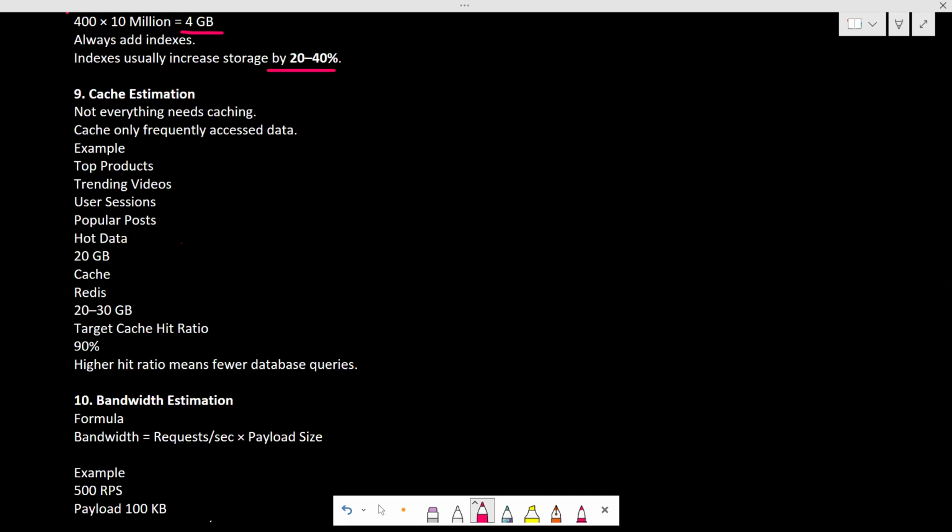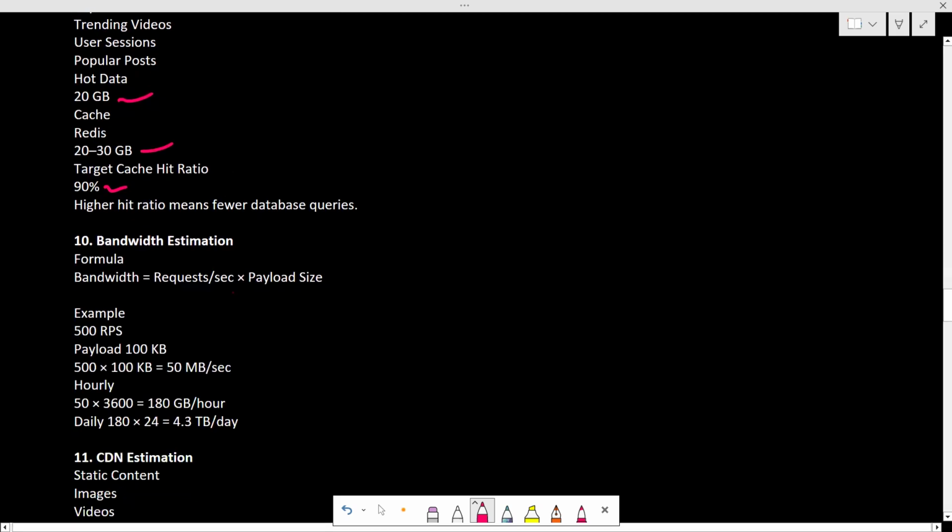Suppose the frequently accessed dataset size is 20 GB. Okay. So a Redis cache of around 20 to 30 GB would be sufficient. The target cache hit ratio is approximately 90%, which significantly reduces the database load and improves the response time.